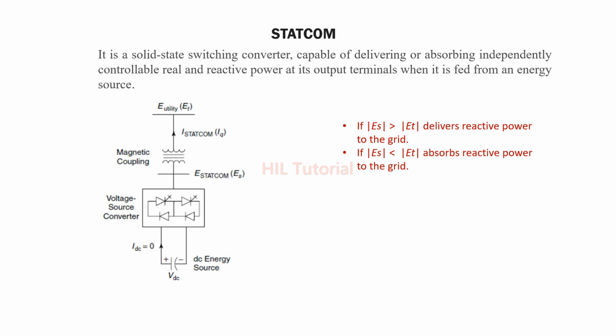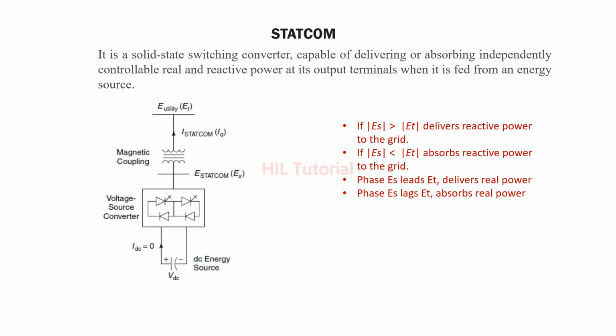from the grid. And if the STATCOM voltage phase leads the utility grid voltage, then it will deliver real power to the grid. And if ES lags ET, meaning the utility grid voltage, then it will absorb real power from the grid.